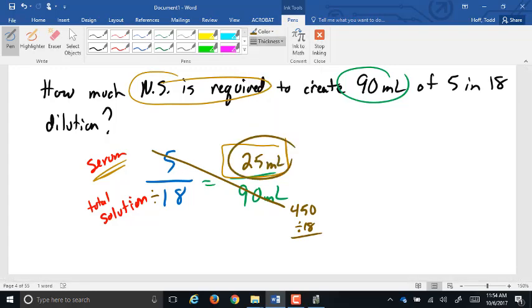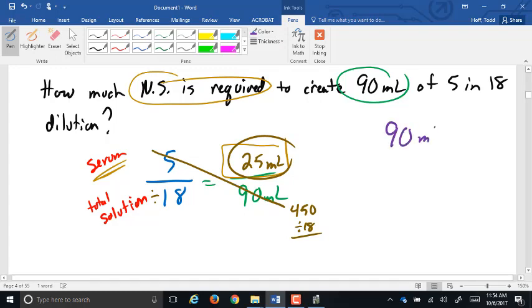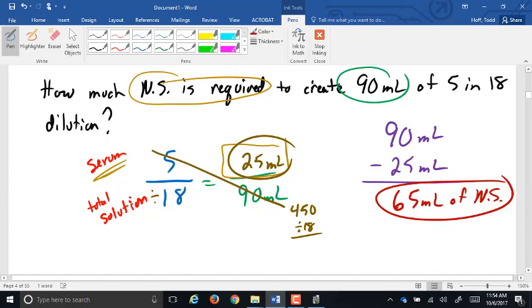So now we got to finish solving the problem, answering the question. 90 milliliters total minus 25 milliliters of serum gives 65 milliliters of normal saline.